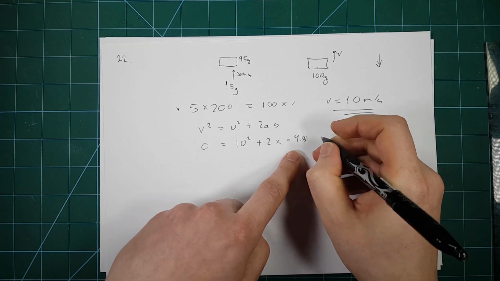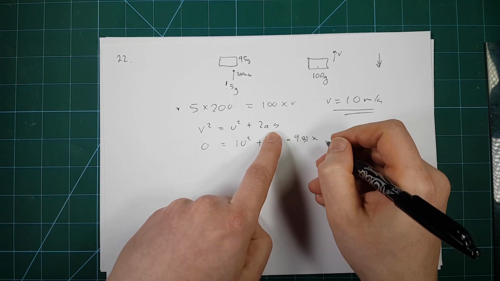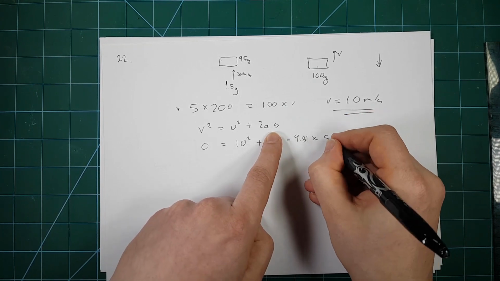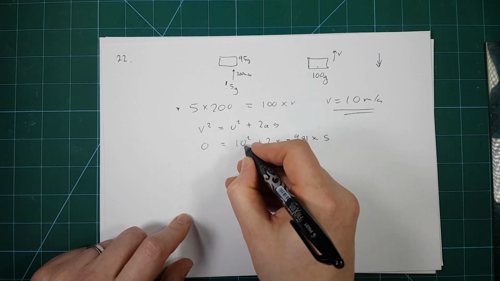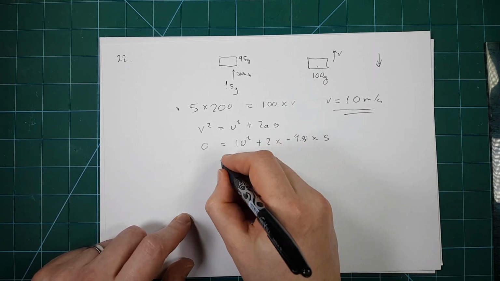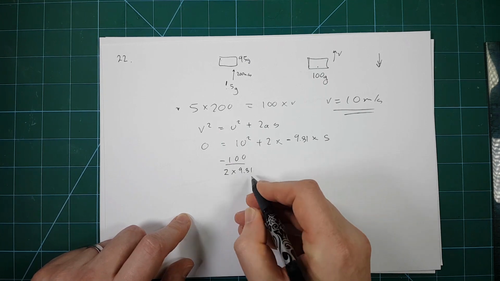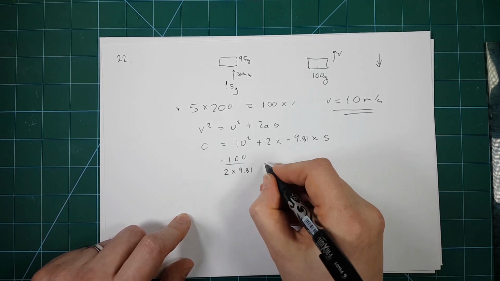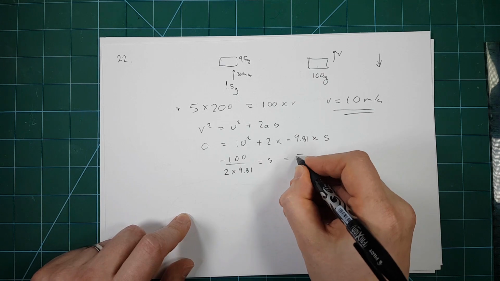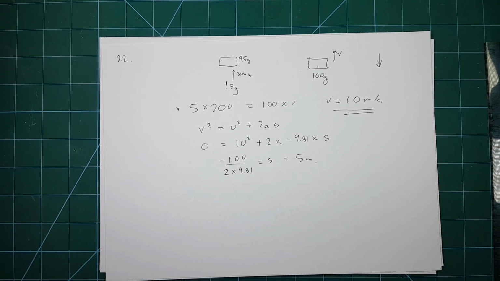But you could use 10 here, and you get the answer because it's only multi-choice, times by s. So that's minus 100 divided by 2 times by 9.81, so that's 100 divided by 20 is equal to s, so that's about equal to 5 meters, which is answer A.